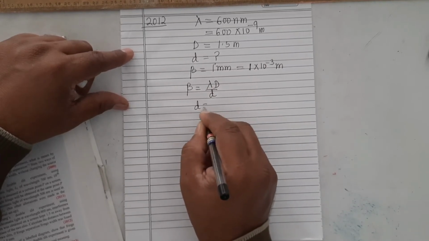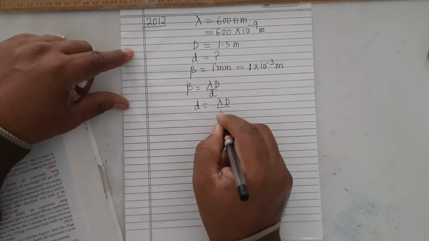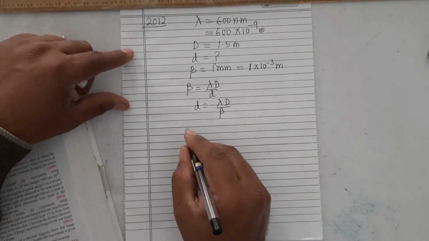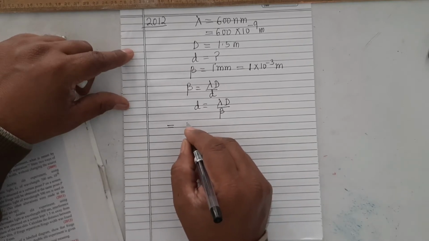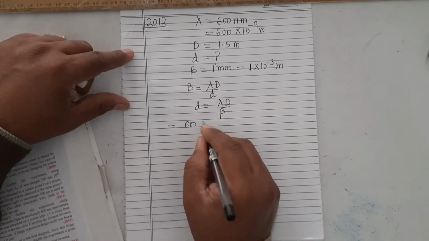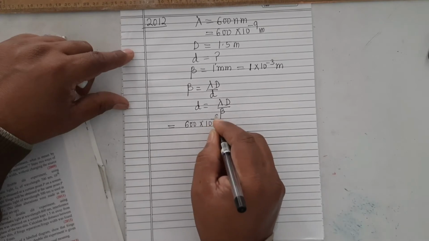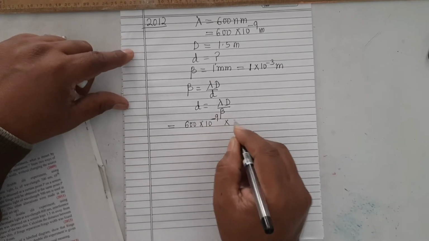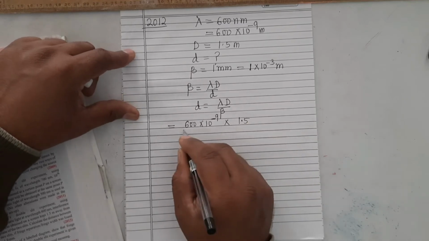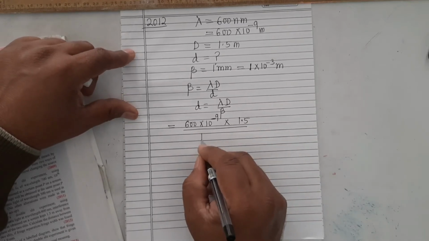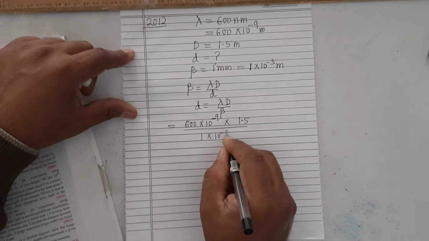Small d will be equal to lambda D upon beta. Here I am calculating. You can see here what will be the value of d. d की वैल्यू कितनी स्मॉल होती है वो तुम इस क्वेश्चन से देख सकते हो. 600 into 10 to the power minus 9, capital D is what? It is 1.5 and beta is 1 into 10 to the power minus 3.